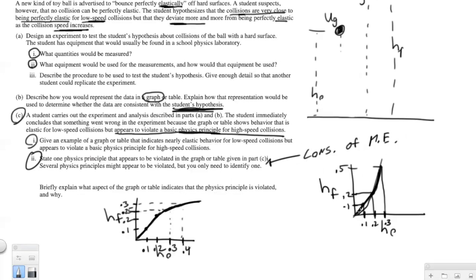What you would say is that for lower speeds, the slope starts out at 1, meaning drop height and rebound height are equal. But for higher speeds, for higher drop heights, we are getting more final mechanical energy than we started with initially. That's what you would say for this question here.